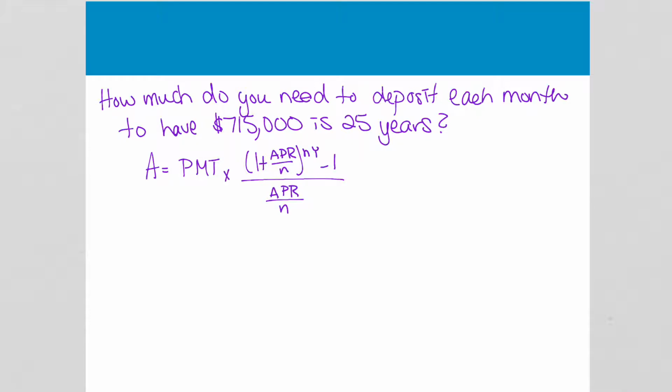Okay, so the amount we're going to accumulate will be $715,000. We don't know what the payment is. That's what we're looking for. The APR was 7%, so 0.07. We're making monthly payments, so 12 times a year for 25 years.